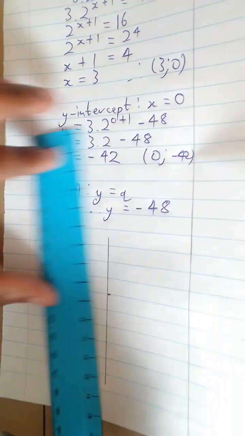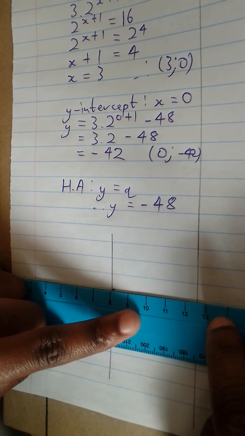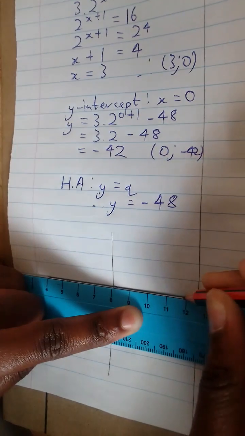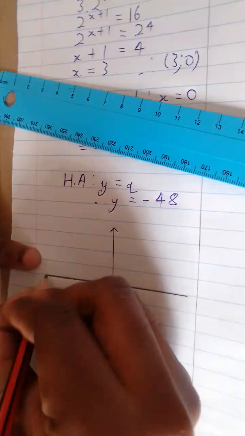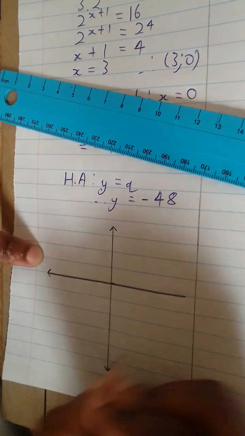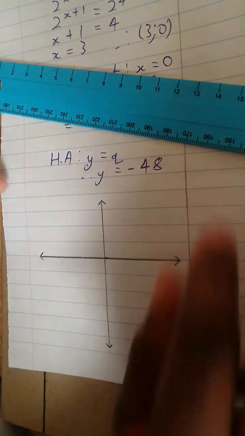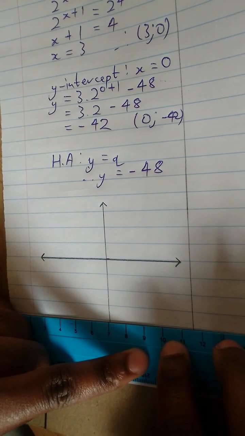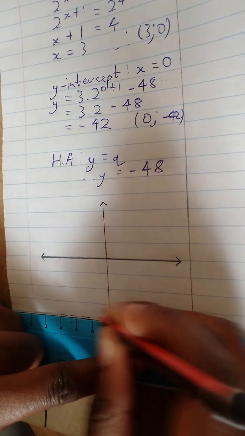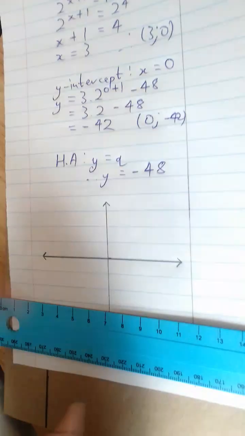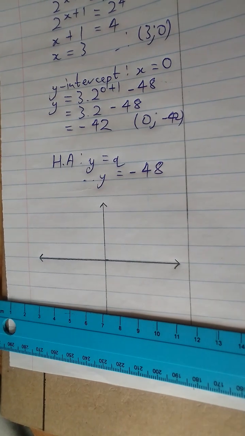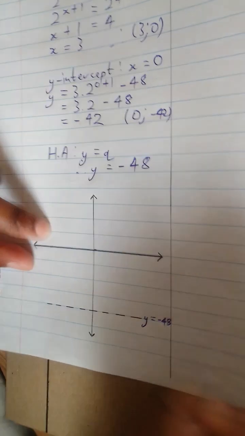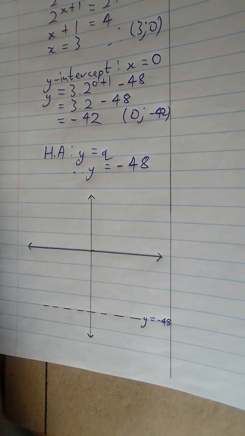Let's make it like this. The asymptote is the line y is negative 48. And the y-intercept is 0 and negative 42.